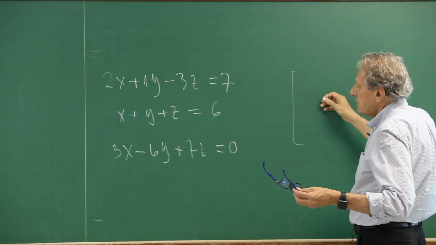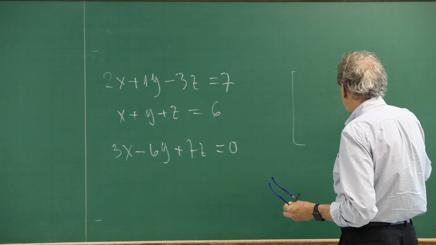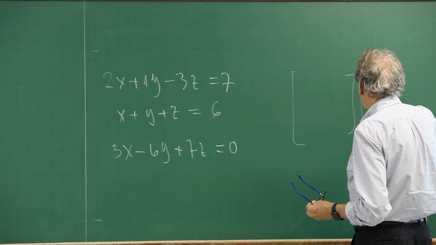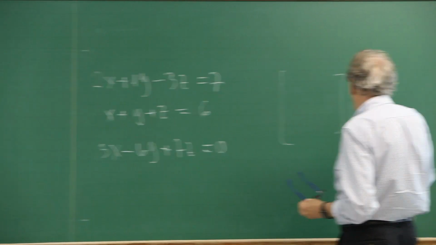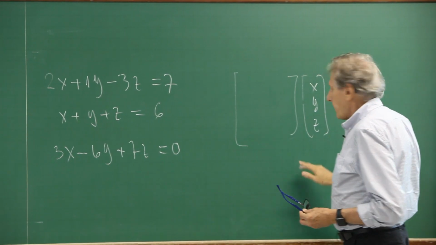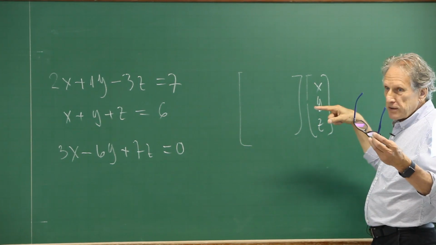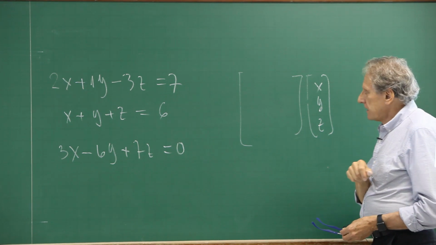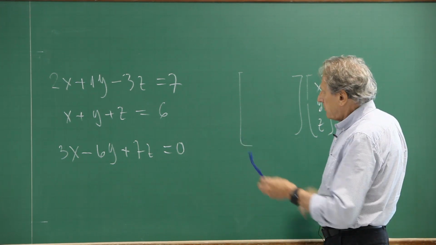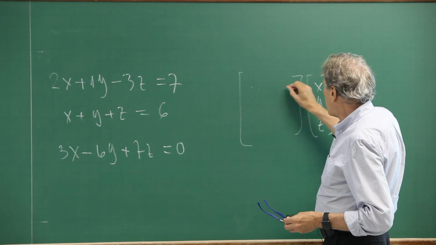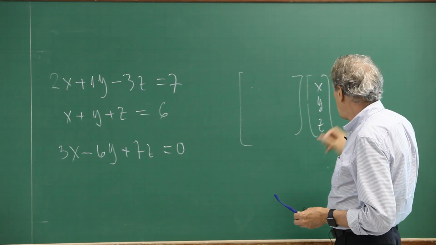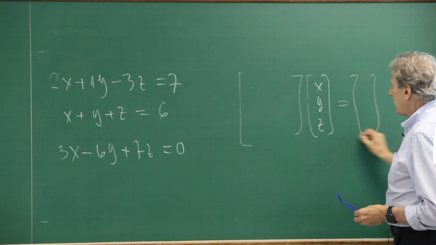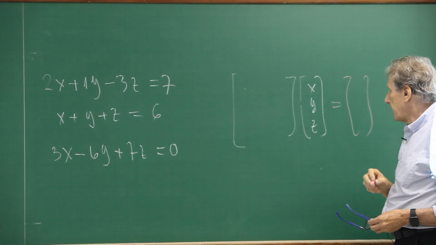I have my matrix, x, y, and z. Here I'm talking about one variable. It's related to a vector there. This is 2, 1, minus 3. Here's my matrix equals 7, 6, 0.